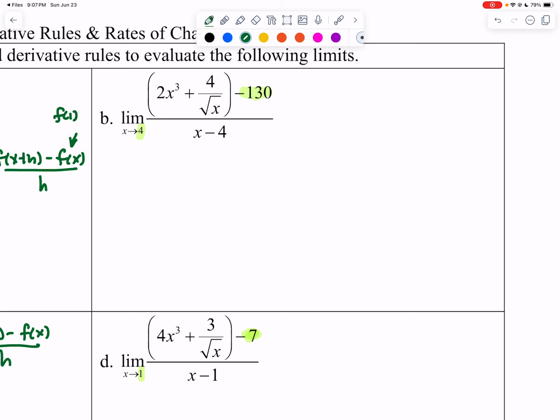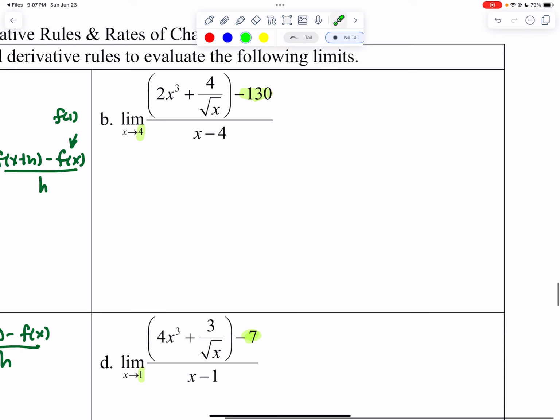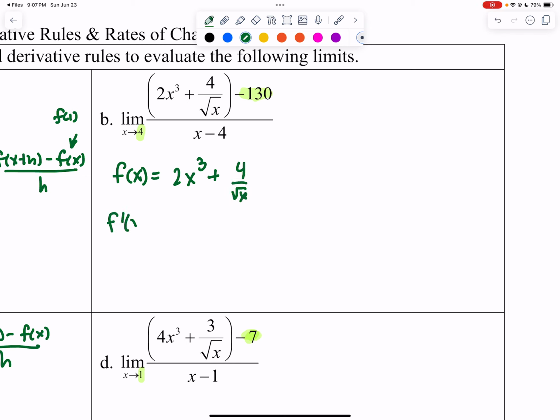Of course, you can obviously check that you'll get 130 and you'll get 7 if you were to plug in 1 here or 4 here. But this one's a little bit easier because they already gave you the function. All you have to do is just take the derivative of it. That's 6x squared.